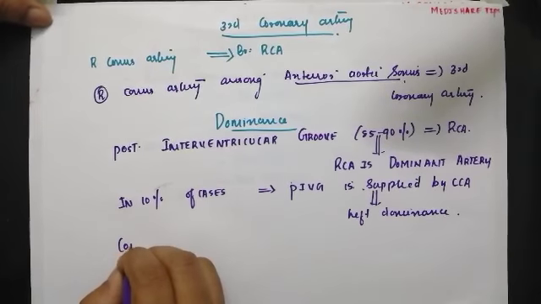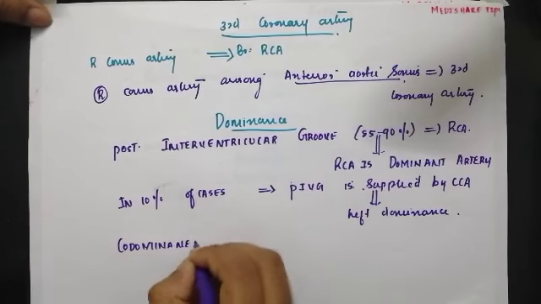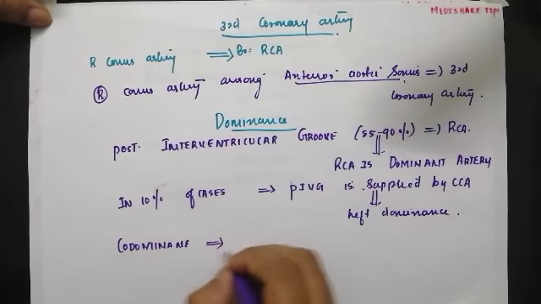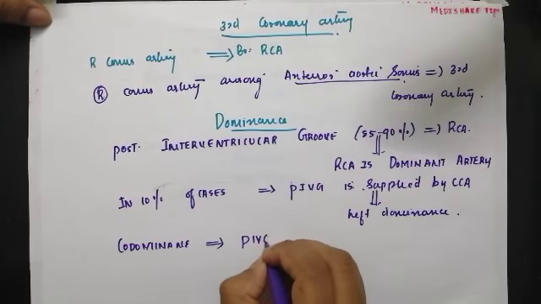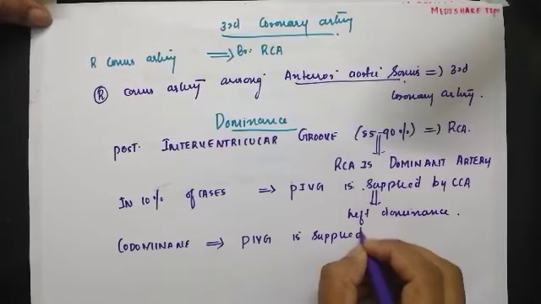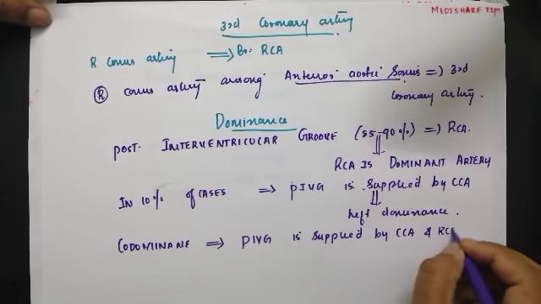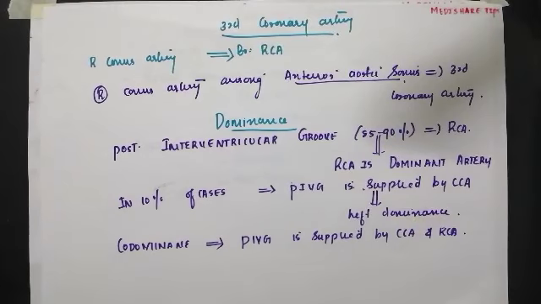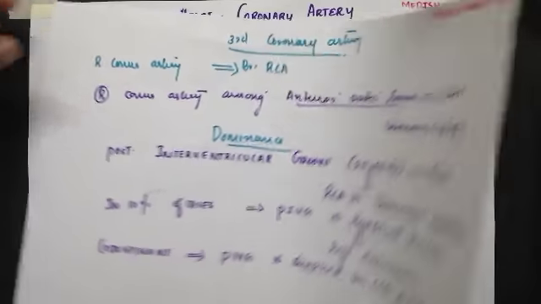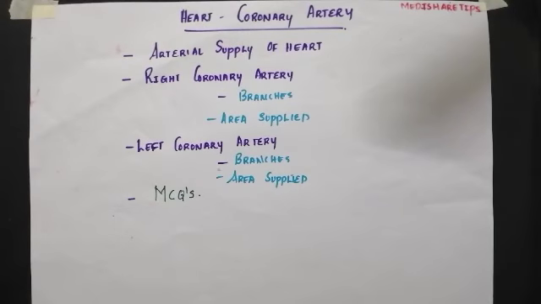What is codominance then? Codominance, or balanced pattern, is where the posterior interventricular groove is supplied by branches of both the left coronary artery and the right coronary artery. So more common is right dominance, and the right coronary artery is the dominant artery. So we will discuss a few questions from this part.